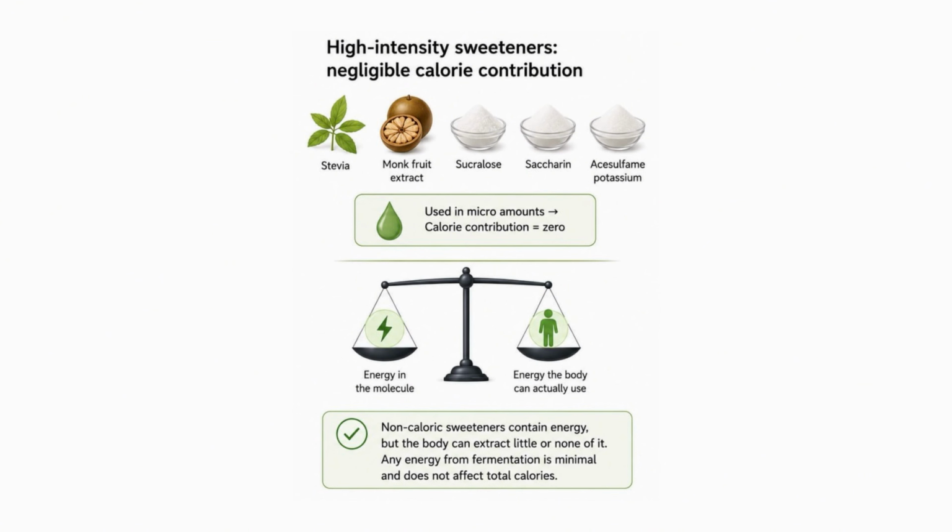As for high-intensity sweeteners such as stevia, monk fruit extract, and sucralose, even if the molecules technically contain some energy, they are used in extremely small amounts. As a result, their contribution to the total calorie content of a food product is essentially zero.